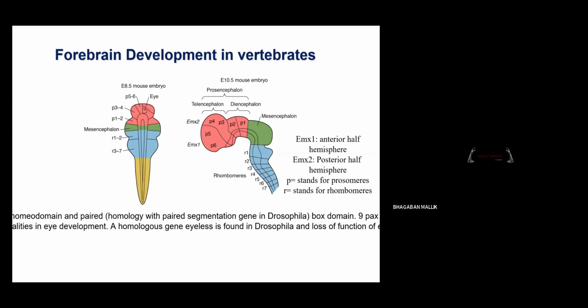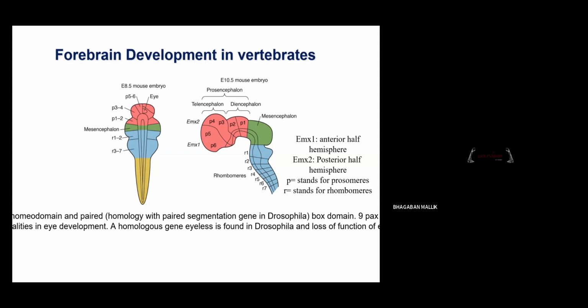In the telencephalon you have prosomeres 3, 4, 5, 6, and in the diencephalon you have prosomere 1 and prosomere 2. Those genes define the specific boundaries in prosomere development, and these are homeobox or homeodomain genes.